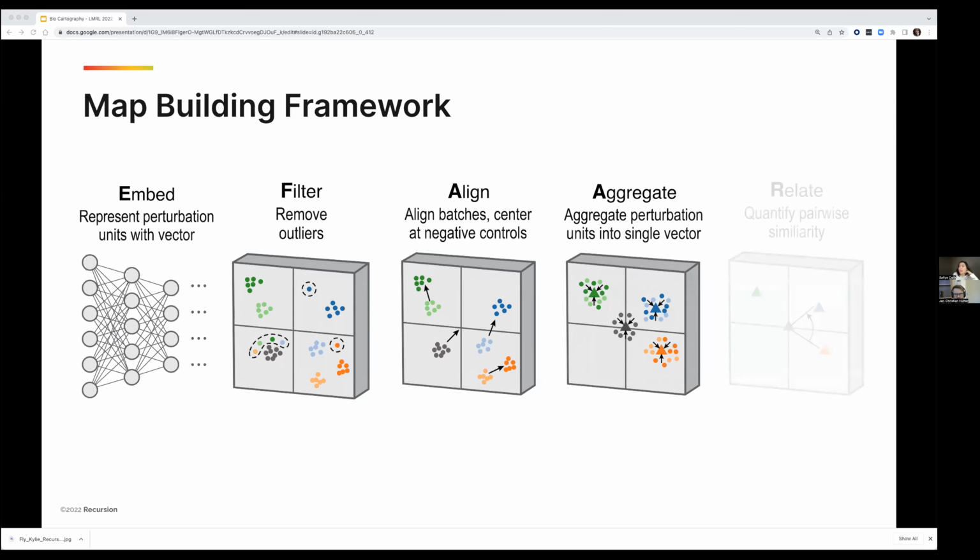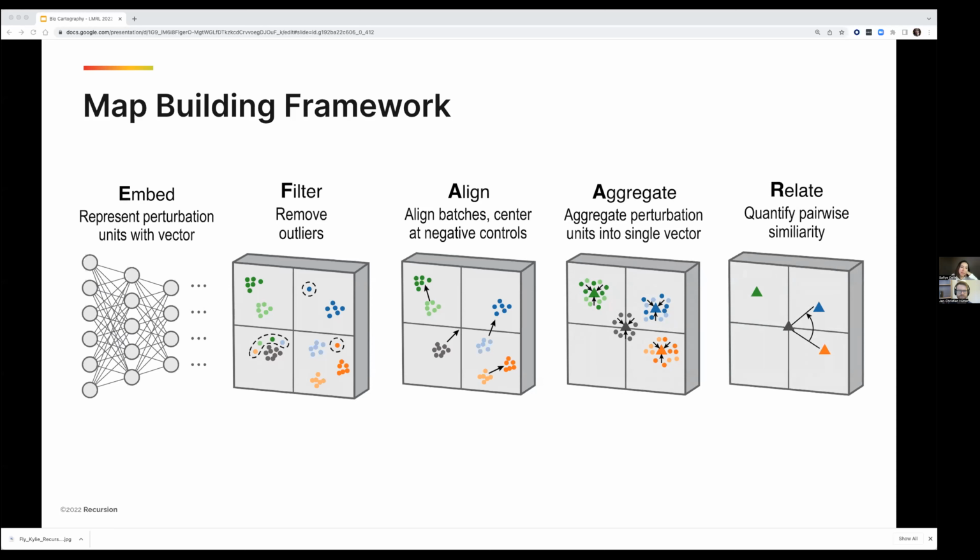And the final step in map building is identifying relationships between biological entities, such as gene-gene interactions from protein complexes or signaling pathways. Computing distances between aggregated perturbation representations is commonly used as a proxy for relationships, where smaller distance means a stronger relationship.